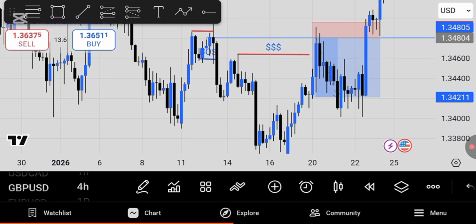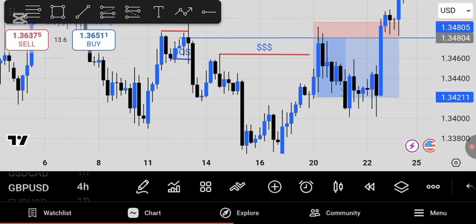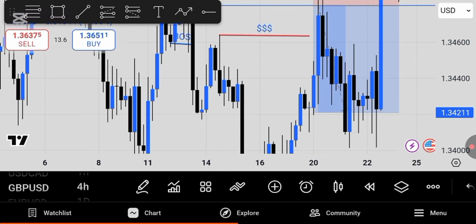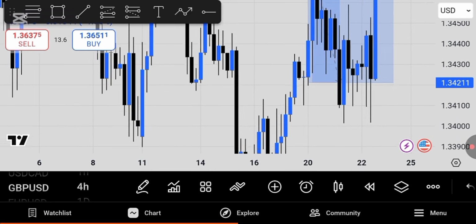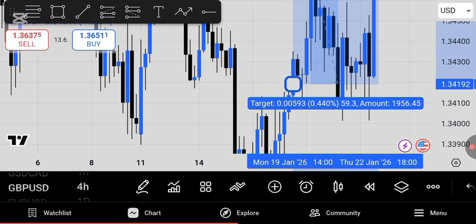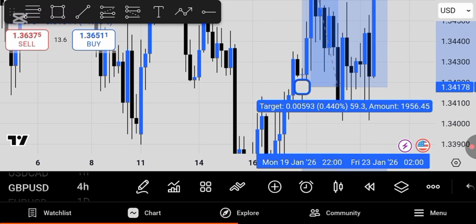So your stop loss will be large, so you will need to go down to the lower time frame for refinements. But in this case, we are not talking about refinements. We are talking about the valid POIs.